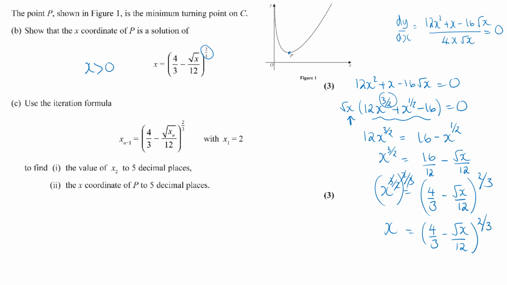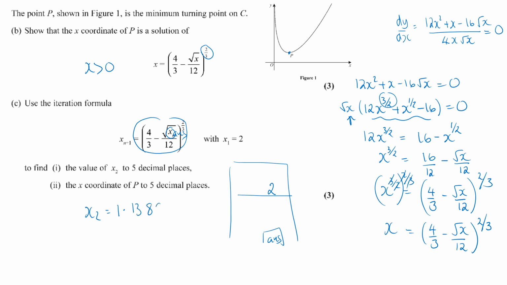So using this iteration formula, that's going to tell us what the next one along is going to be, starting with x1 is equal to 2. So on your calculator, you need to feed in 2 and have it in the bottom of the display, and then use the answer key to key all of this in. And instead of xn, just type in answer there. And if you do that and get x2 on your calculator, it will be, to 5 decimal places, 1.13893.